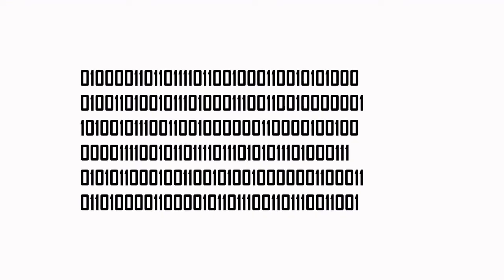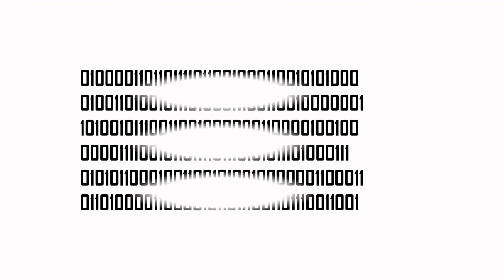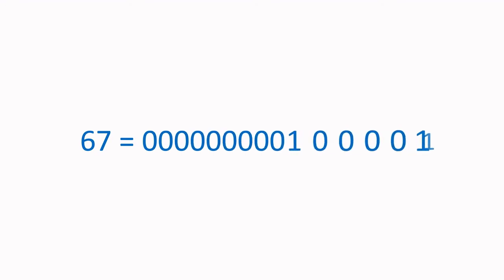To understand what addresses are, we need to zoom in a little bit and understand computer memory. Computers store information or data in binary, that is zeros and ones. These are called bits. For example, 67 in binary is, well, a lot of zeros and ones. Bits are then grouped into bytes, that are a collection of bits.